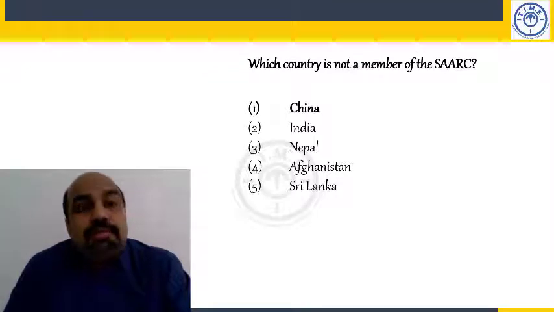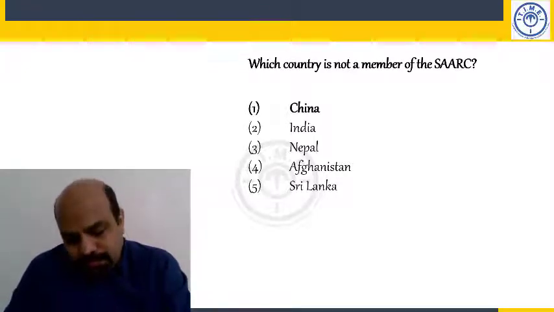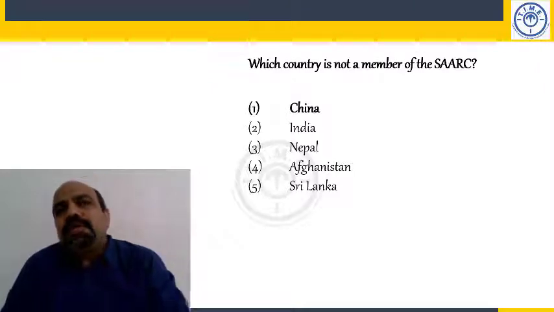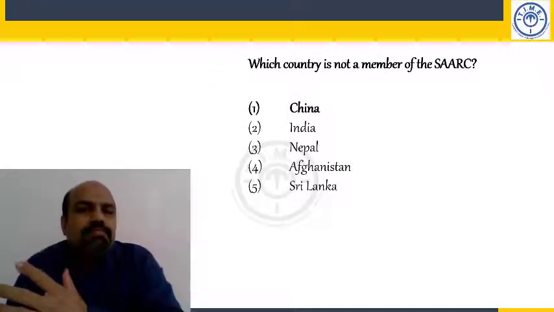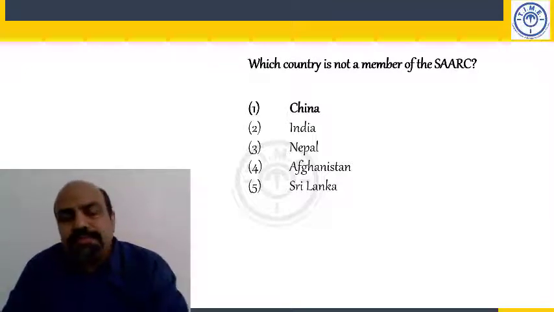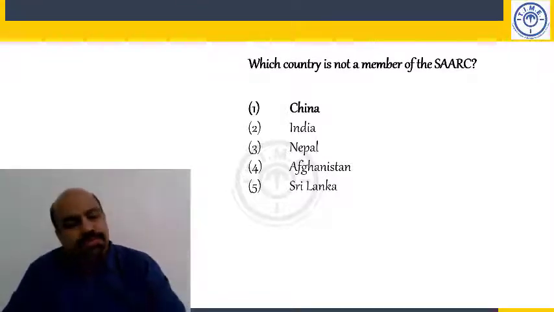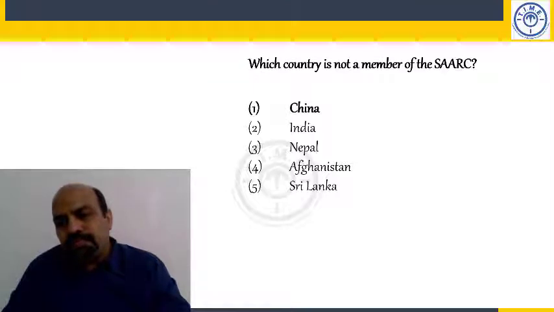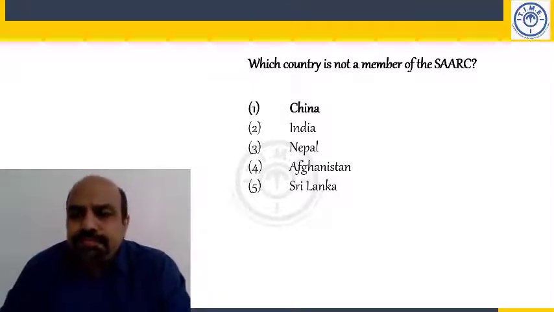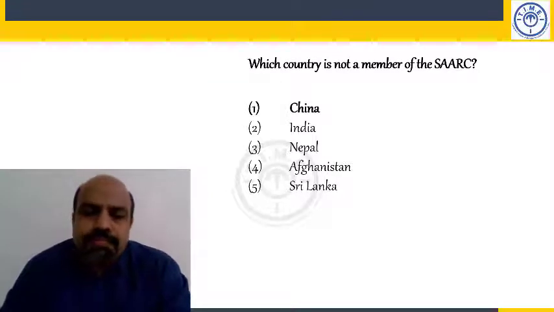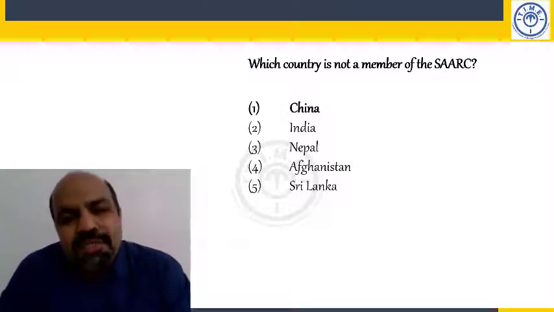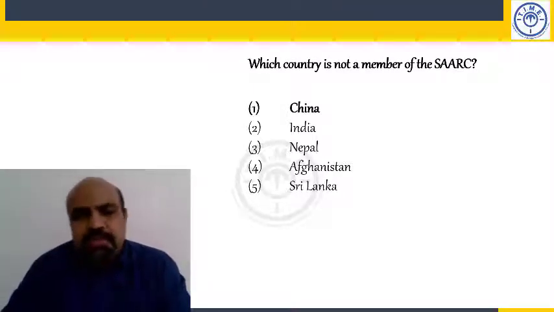Then Bhutan. Below that, Bangladesh, then Sri Lanka and Maldives. I think that should be fine. Any country that you should know more about? I think we mentioned these countries in the recent past. So let's move past.